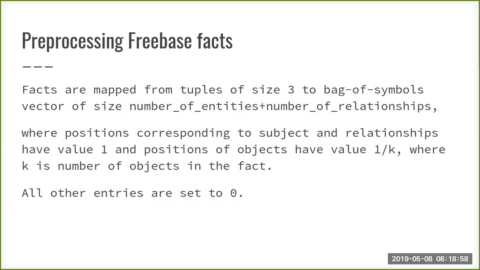They construct a set of all relations, and a set of all entities that they have in the data set, and all aliases as well, where each alias would be a separate entity. Then they encode each fact by setting the position of the subject and the relationship to 1, and all objects have value 1 over the number of objects.